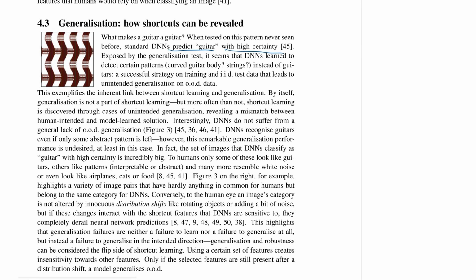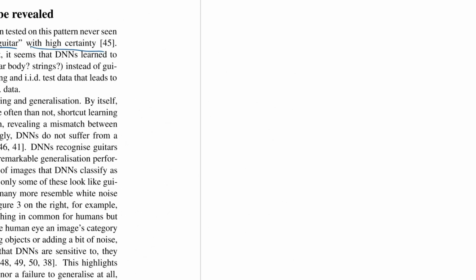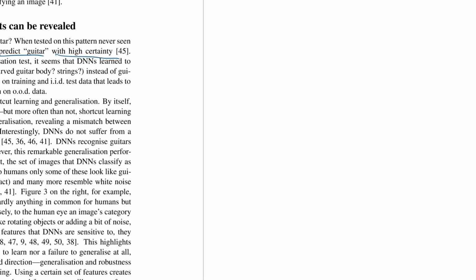Again, it's just a discriminator, but this pattern, why not a guitar? If you had to get one of the 1,000 classes out, why could this not be most likely a guitar?